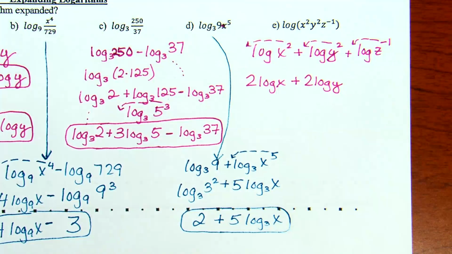Okay, so the question, in case I've got virtual listeners as well, was, we thought the insides of a log could never be negative. True, valid point, good to know. We don't know what z is, right? Z is some number. We have to assume not negative. But when we take z, say if it's 5, what happens when you raise 5 to a negative 1? What do we do with that negative exponent?